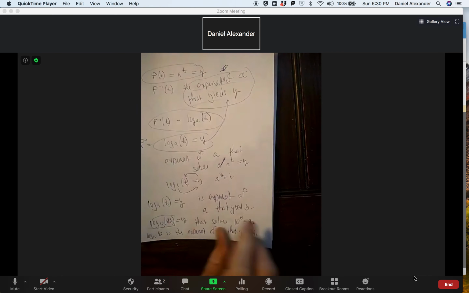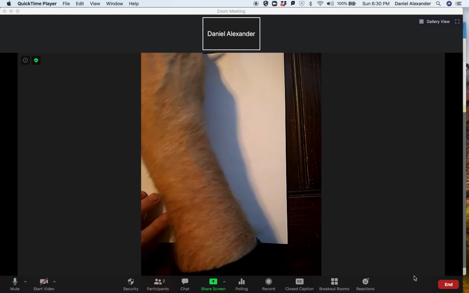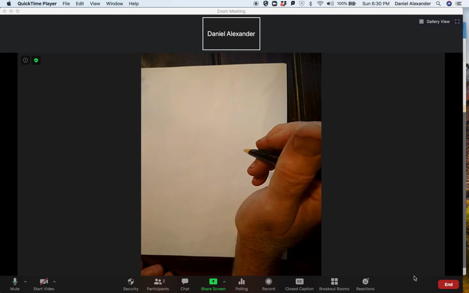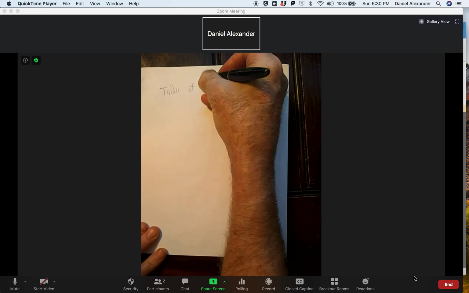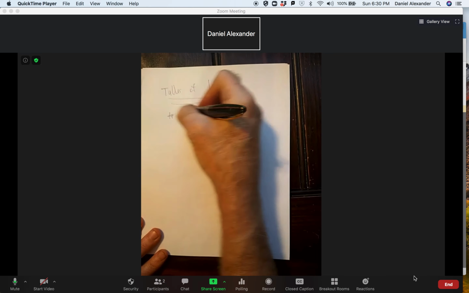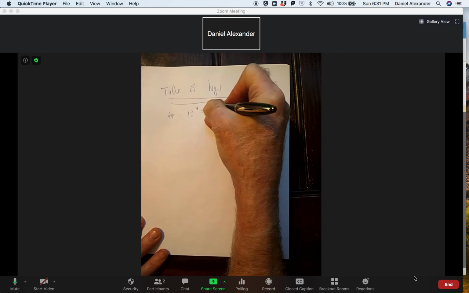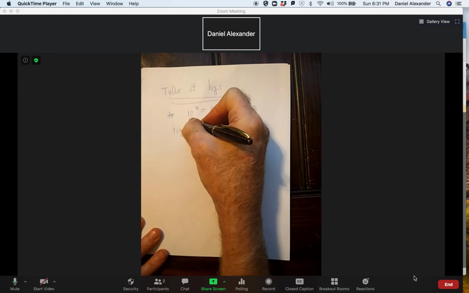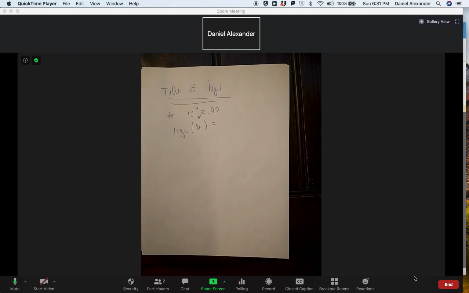Okay. Now, the log is a tricky thing, and by that I mean that it is very hard to compute. And so what happens is that in the old days, people would have tables of logs. So if you wanted to solve 10 to the y equaling 92, let's say, I would get out my table of logs, and I would plug this number in here, and I would get a number that has several digits.